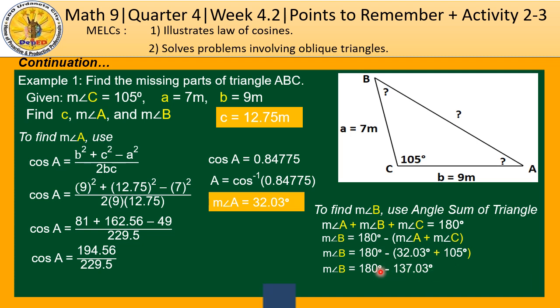Subtract from 180 degrees, so the measure of angle B is equal to 42.93 degrees. So that is how to solve the missing parts of an oblique triangle using the cosine law.